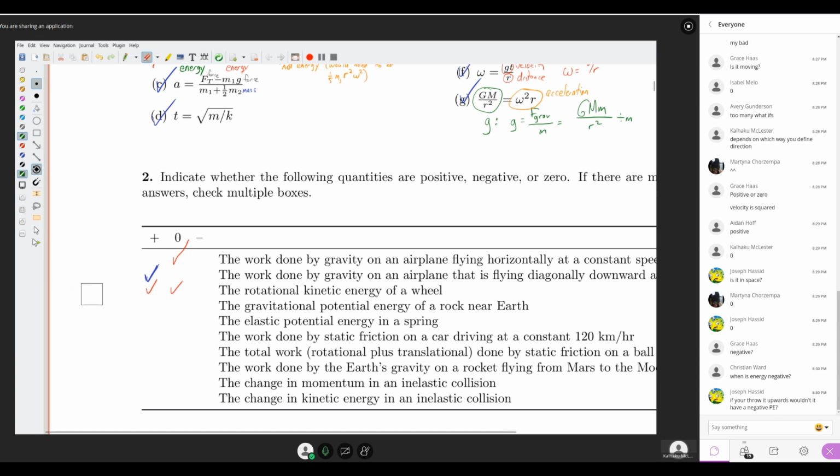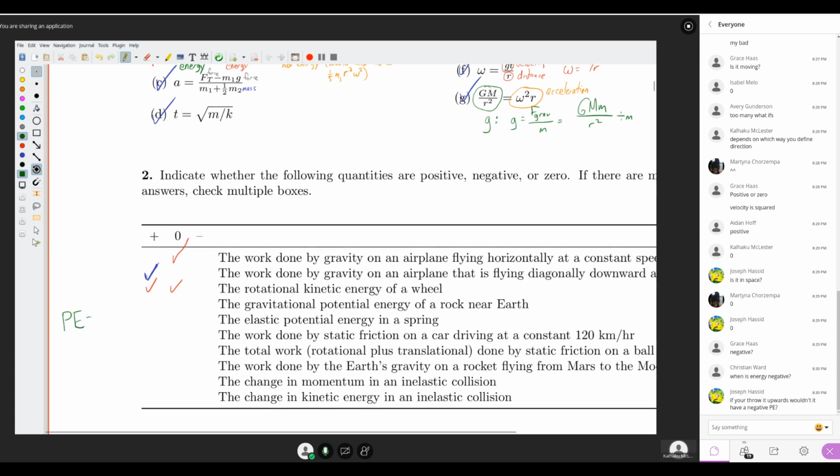Remember, another way to see it is potential energy is mgy, and you have freedom to pick your coordinate system. So you have freedom to choose where y equals 0, and if you're below that, then gravitational potential energy would be negative. So Joseph, if you throw something upwards, then again, whether you have positive or negative potential energy depends on where you choose your 0 height.